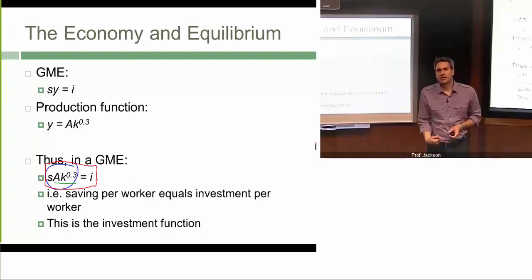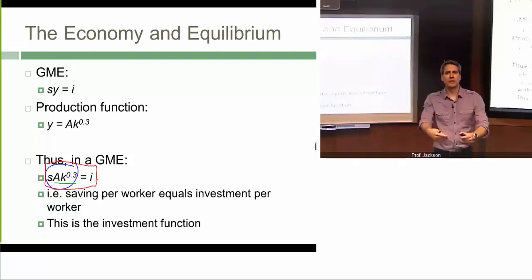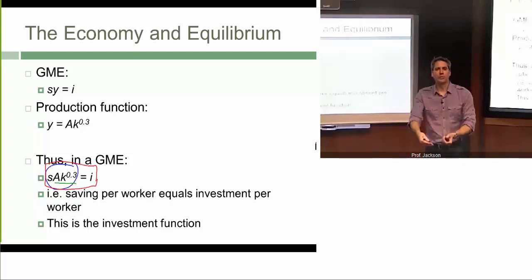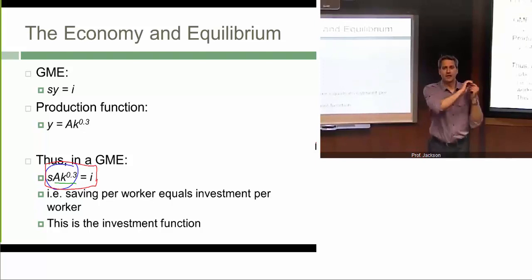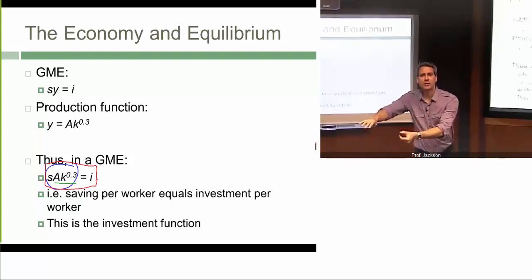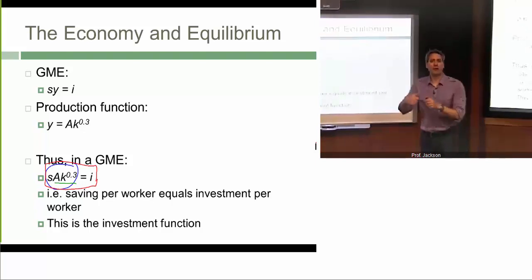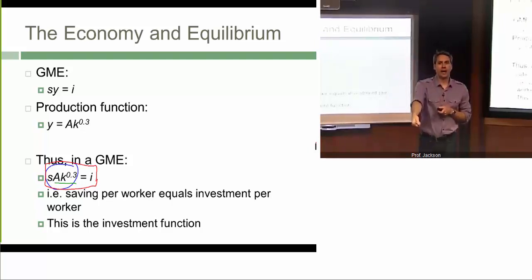And again, the basic idea is that, well, we have some capital stock that helps us produce output. So when we produce output, a fraction of that output we save, that savings gets channeled through financial markets into borrowing by firms, which then use those borrowings to increase the capital stock.